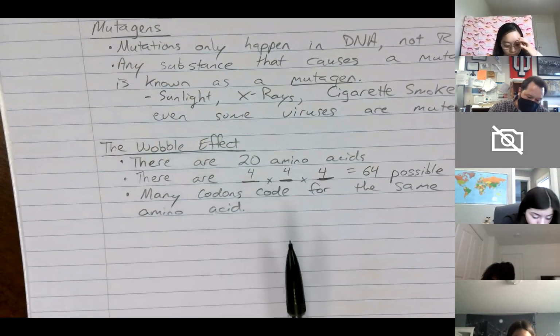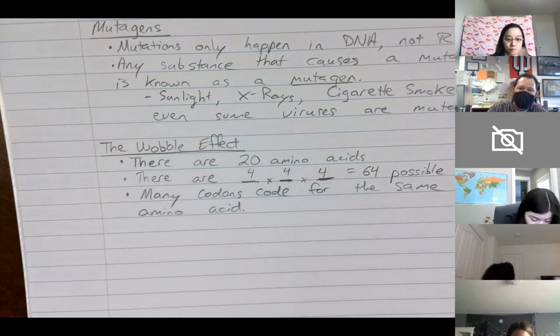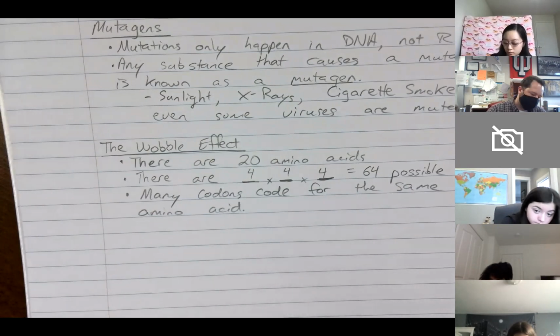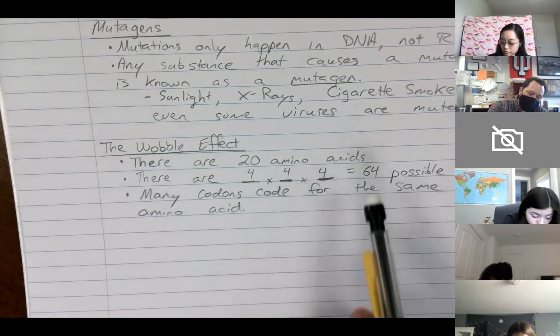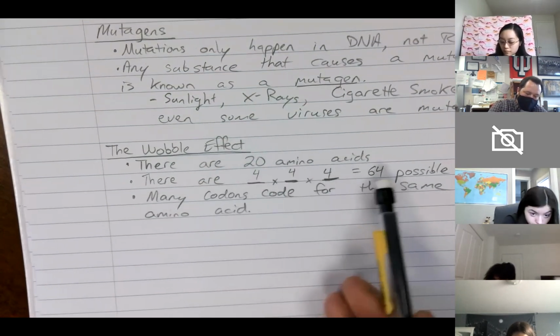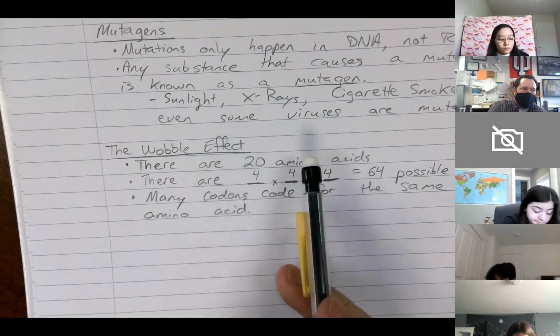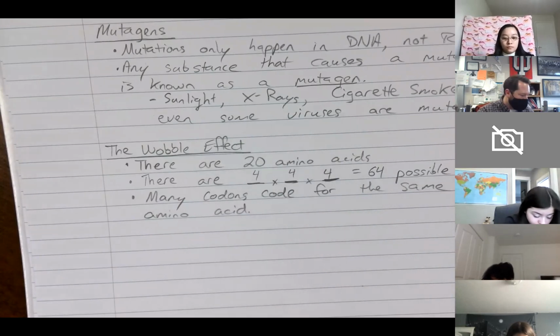So many codons code for the same amino acids. Which again makes sense. They have to, right? There's only 20 amino acids, but 64 possible codons.